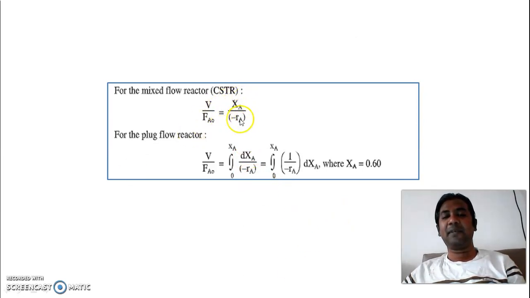This performance equation for CSTR is not an integration, but this one is an integration. So if you apply the rule of integration, the area under the curve will give the V upon Fa0 value, whereas the area under the rectangle or square within 0 to XA will give the V upon Fa0 value. So you have to understand this.